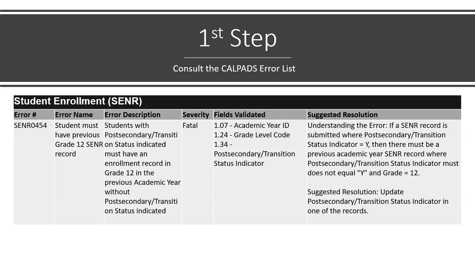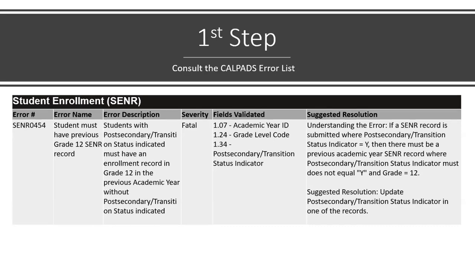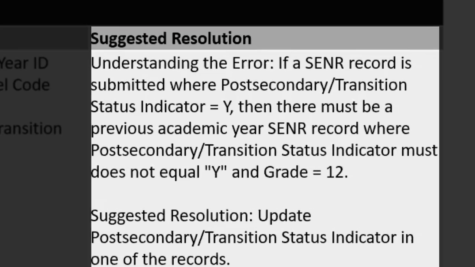Okay, so let's look at the suggested resolution column. Understanding the error can indicate the conditions in which your submitted record would be accepted, kind of telling you what CALPADS expects, or sometimes it just reiterates what was provided in the error description.